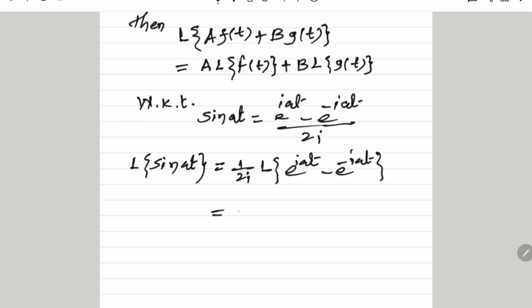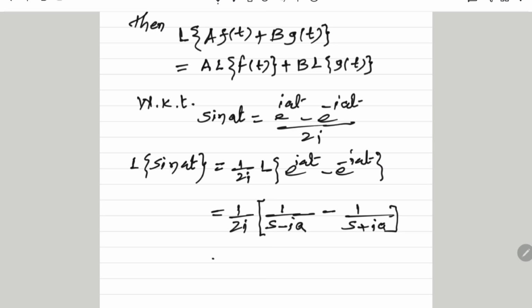It is equals to 1 by 2i as it is, Laplace of first term, it is 1 upon s minus ia, and minus Laplace of second term is 1 upon s plus ia.